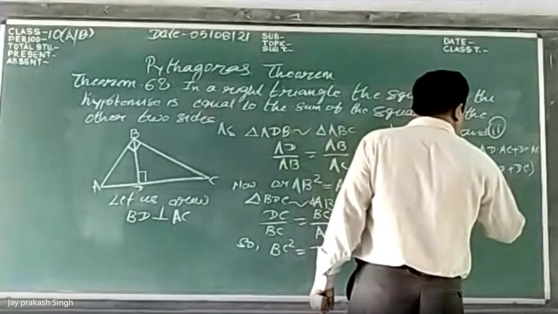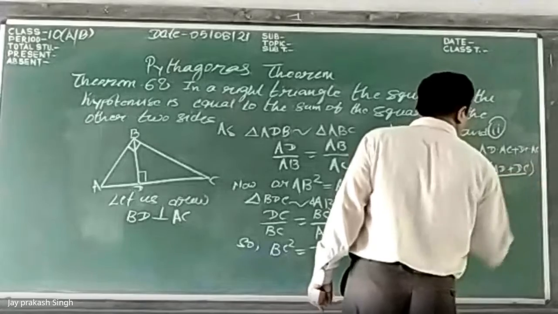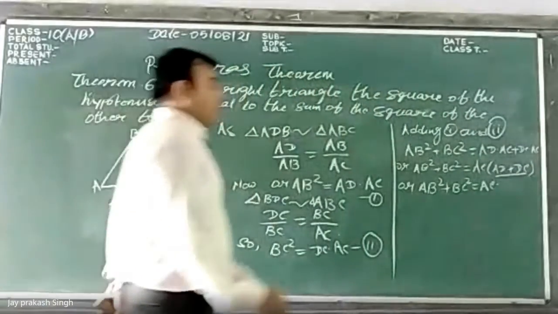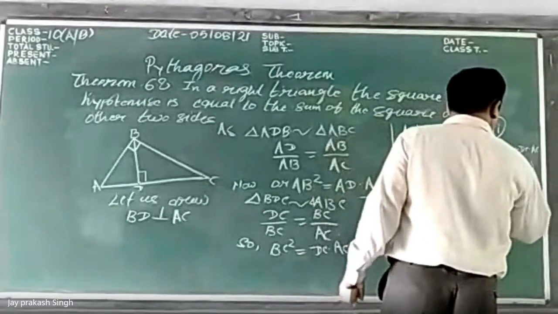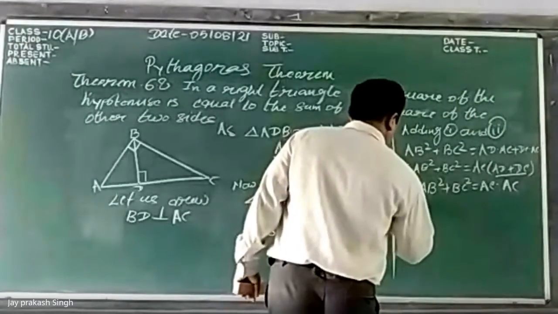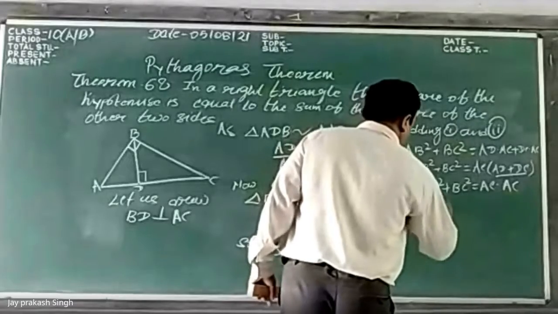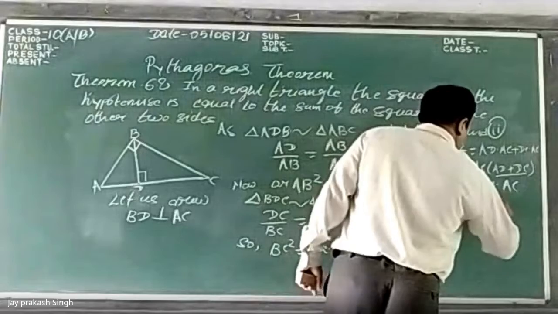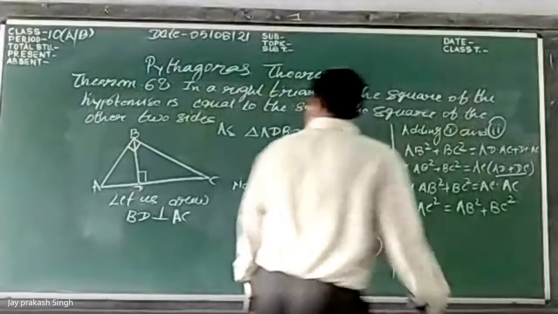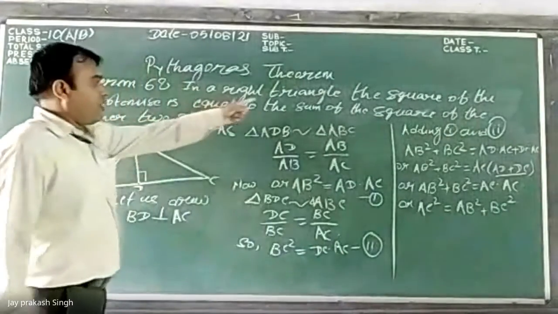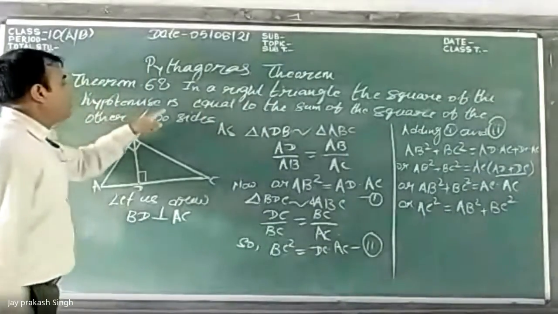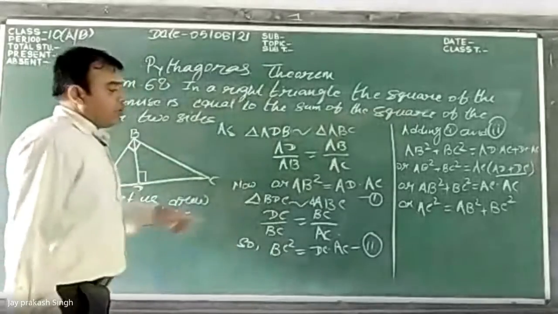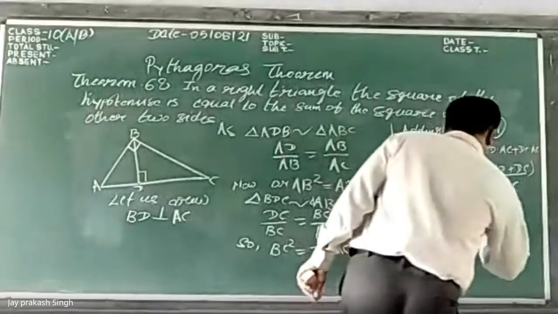So in the right angle triangle, the square of the hypotenuse is equal to the sum of the squares of the other two sides. As you can see here, it is proved.